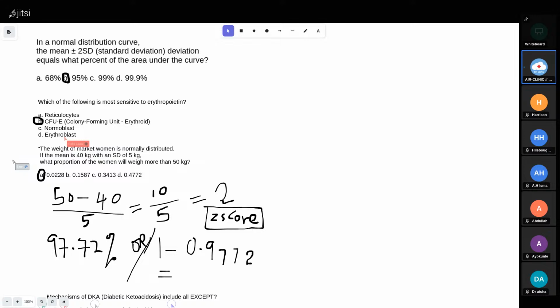So, what is the mode of inheritance of sickle cell disease? Autosomal dominant. This one is a big question.